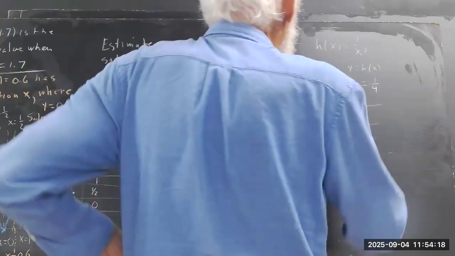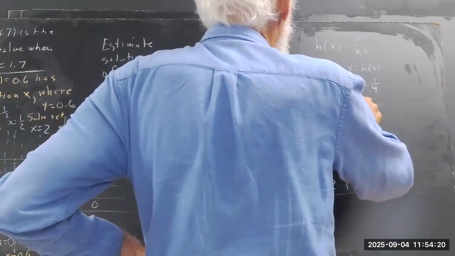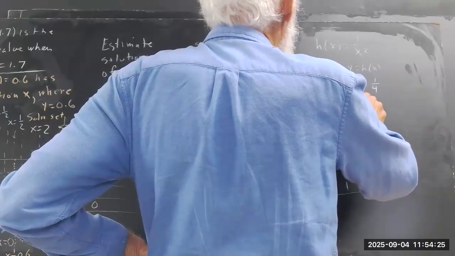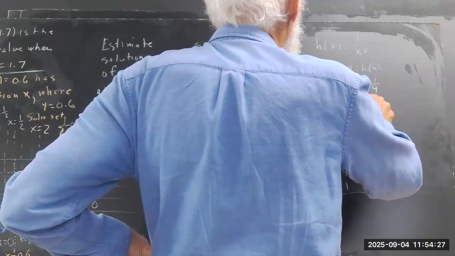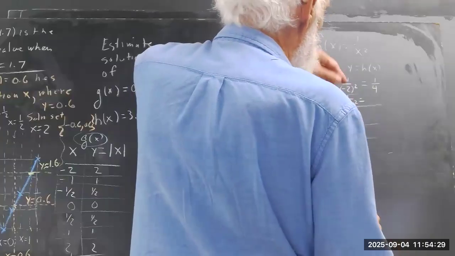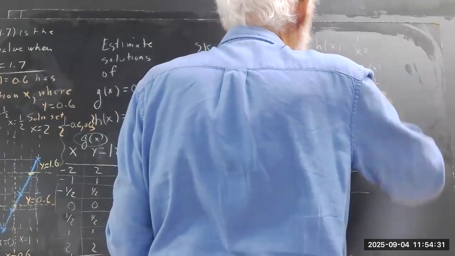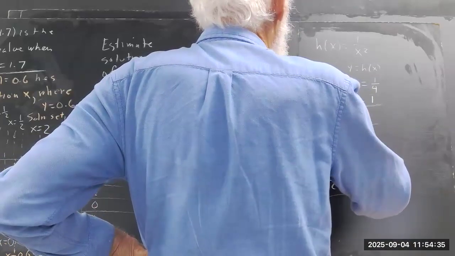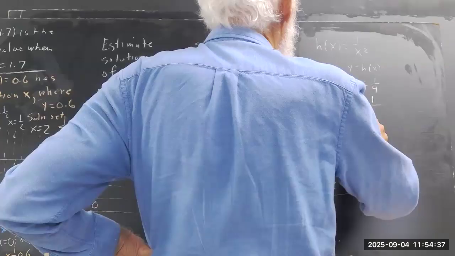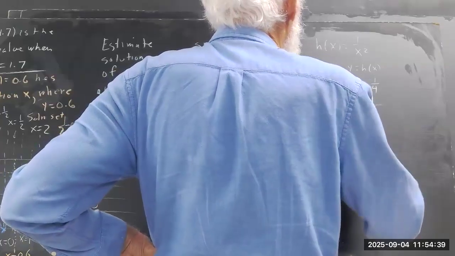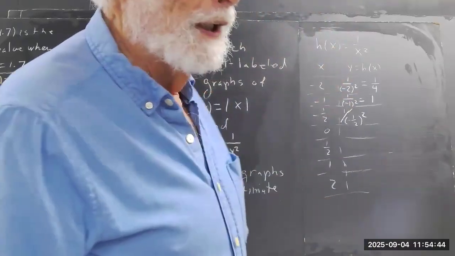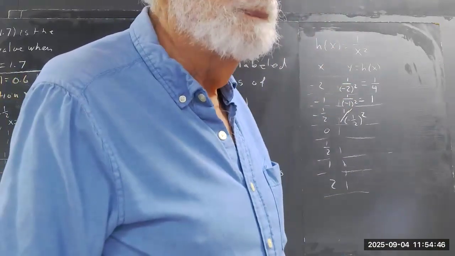Okay. And then 1 over -1 squared. Well, -1 squared is 1, and 1 divided by 1 is 1. Now 1 over -1/2 squared, and I had to use a slant line for the fraction there because I didn't give myself enough room.